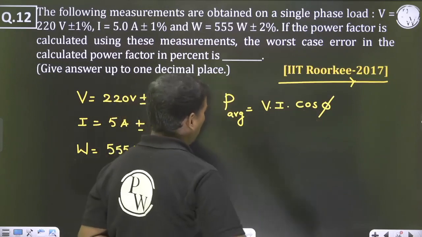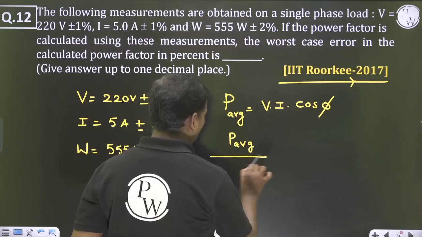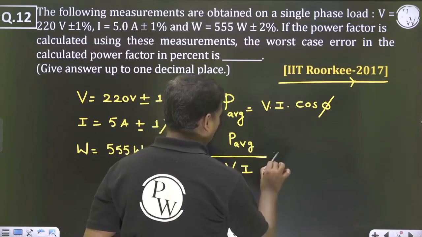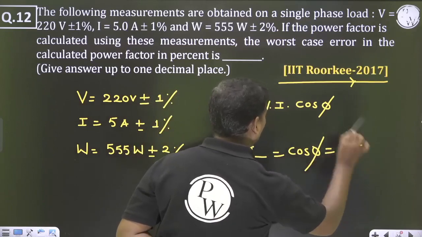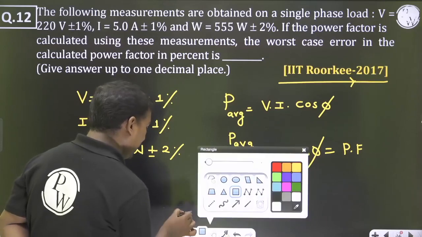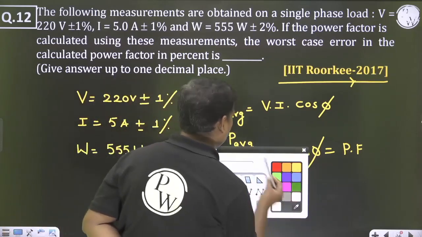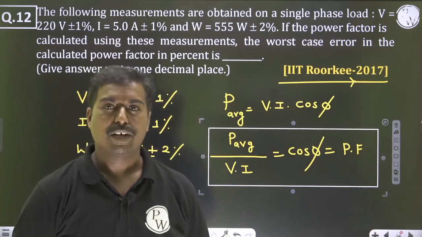So the wattmeter P average divided by V into I is the cos phi, which is nothing but the power factor. The question asked here is the percentage error in the power factor.